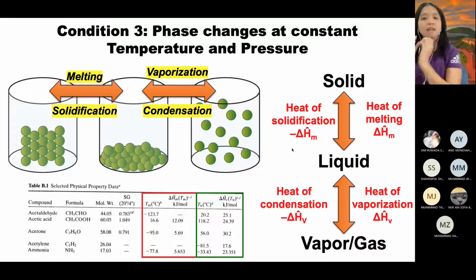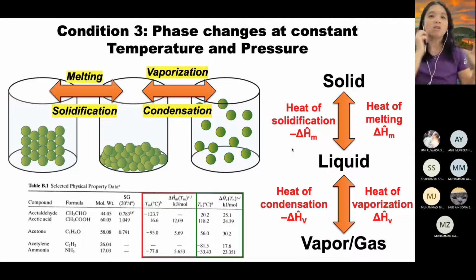Tapi sekarang katakan aceton liquid saya nak bekukan menjadi aceton solid, maka aceton liquid tu perlu bebaskan 10 kJ per mol. Dia jadi negative 10 kJ per mol ataupun negative heat of melting. So, you have to be very careful. Are you doing solid to liquid, heat of melting, liquid to solid, negative heat of melting? Sebab kamu dah terbalik kan?